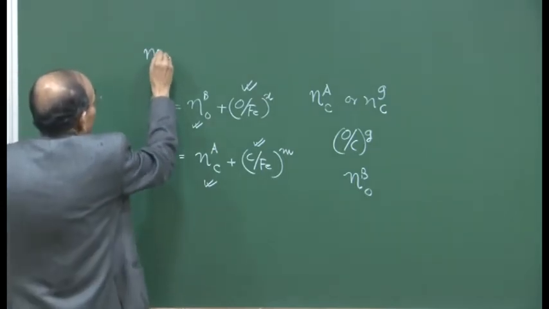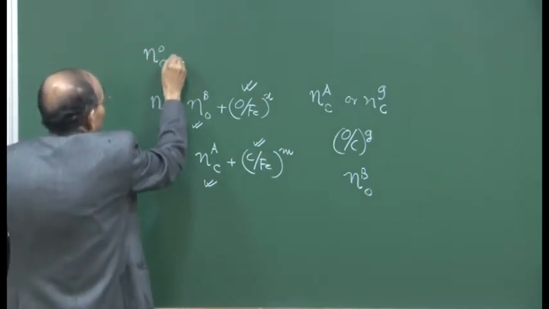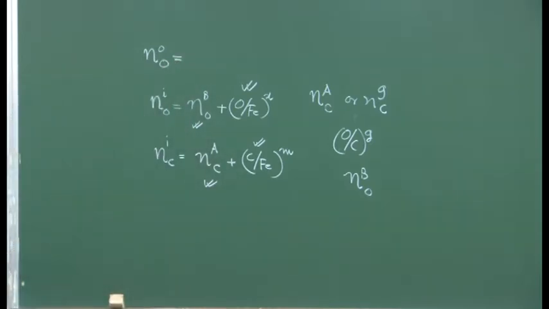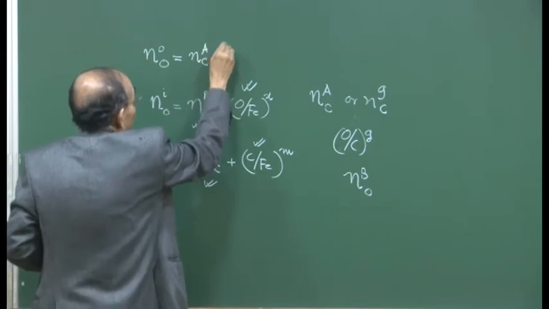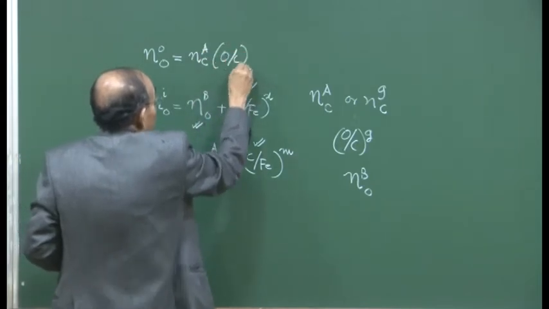The output of oxygen is in the gas phase, and yesterday I said that the output of oxygen can be written in terms of the O by C in the gas phase.